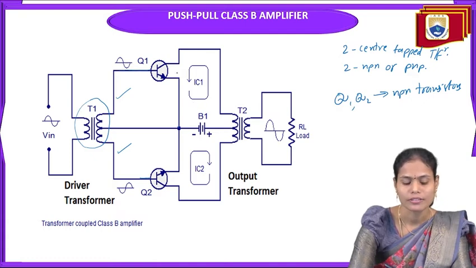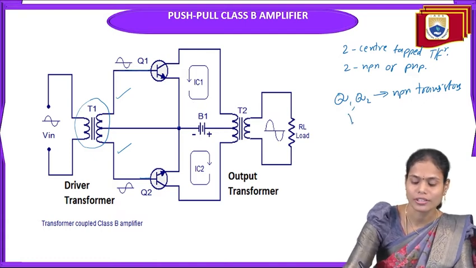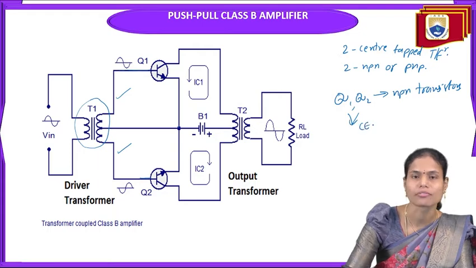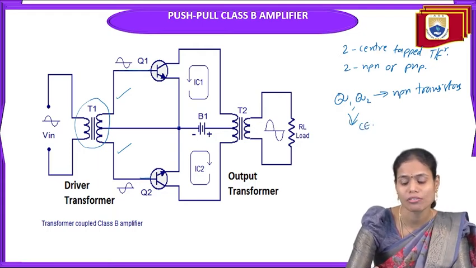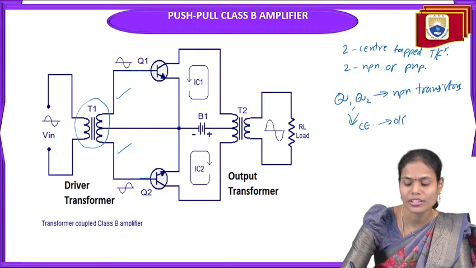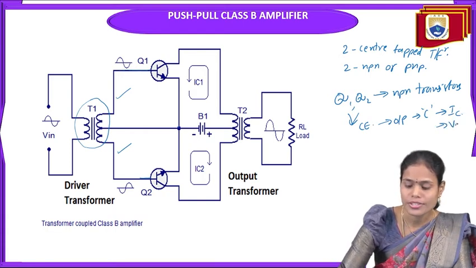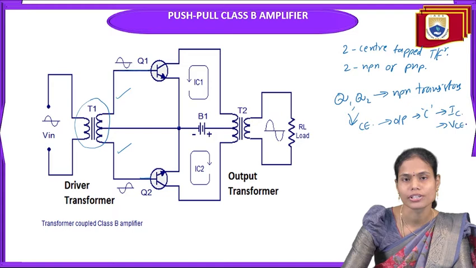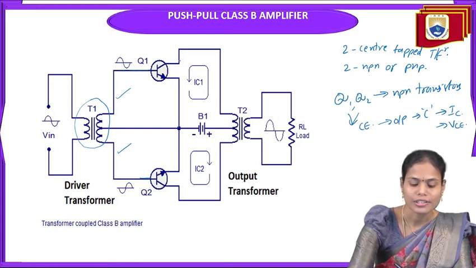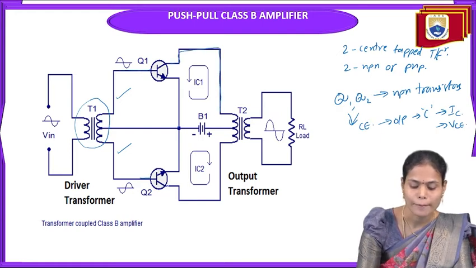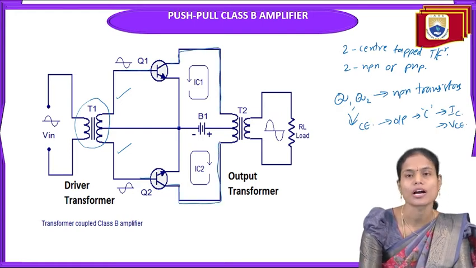Why? Because these transistors are in the common emitter configuration, and in the common emitter configuration we always take the output across the collector terminal, so the collector current IC is the output signal, and VC is the output voltage across both the transistors. The collector terminals of both transistors are connected to the primary winding of the output center tap transformer.